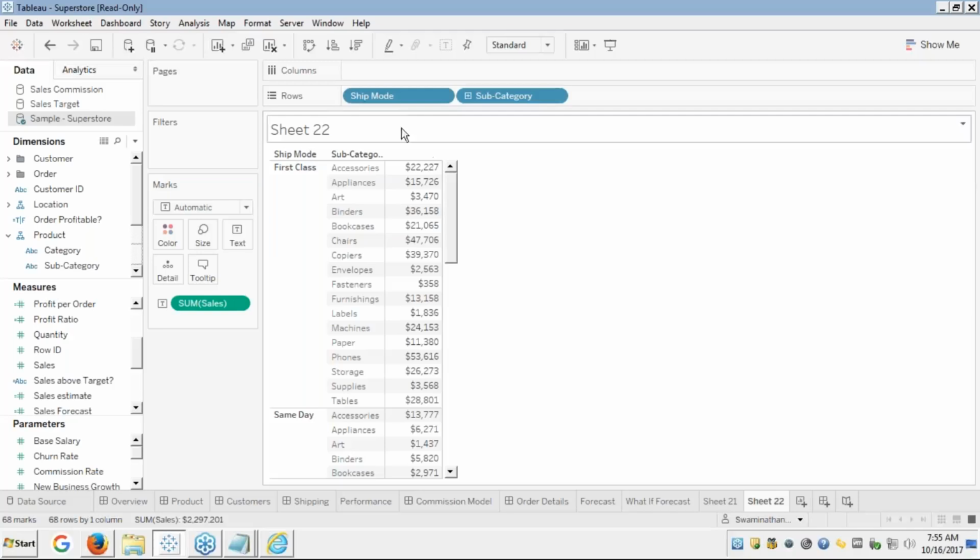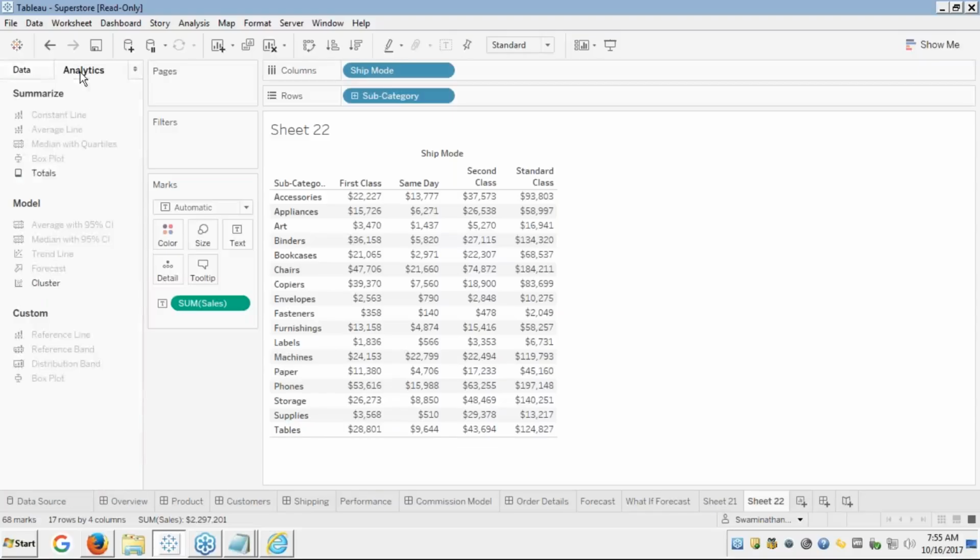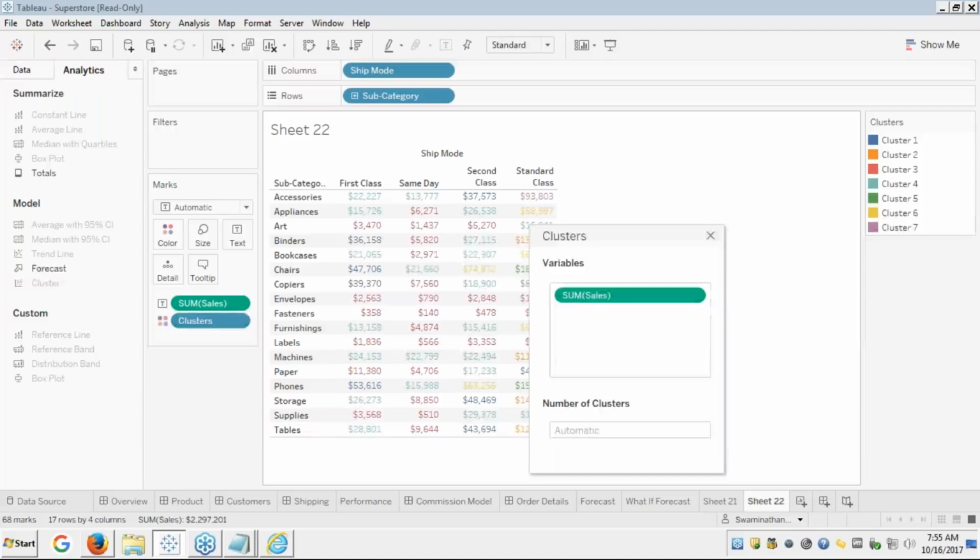So now I wanted a cluster to be created based on my subcategory items, based on their shipment mode, and I would like to see what subcategories are having various groups. So I just took my ship mode, the subcategory, and my sales here. I went to this analytics option and saw if my cluster got enabled. Yes, it got enabled now. So I just take this cluster and drop it on this shelf.